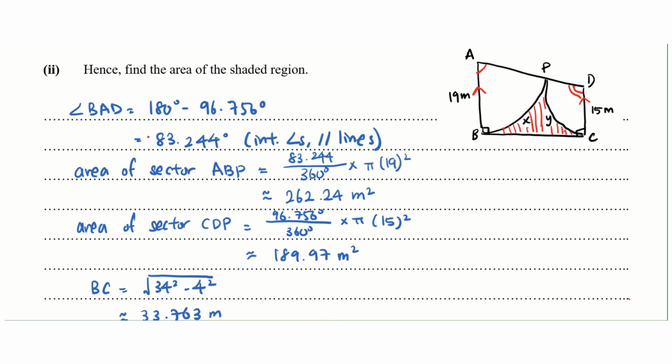Hence, what I did was to take 180 degrees minus away the angle that we found for CDP, which is 96.756 degrees. So I got 83.244 degrees for angle BAP. Then I can proceed to using the formula for finding area of sector with the radius being 19 and get the answer 262.24 meters squared.